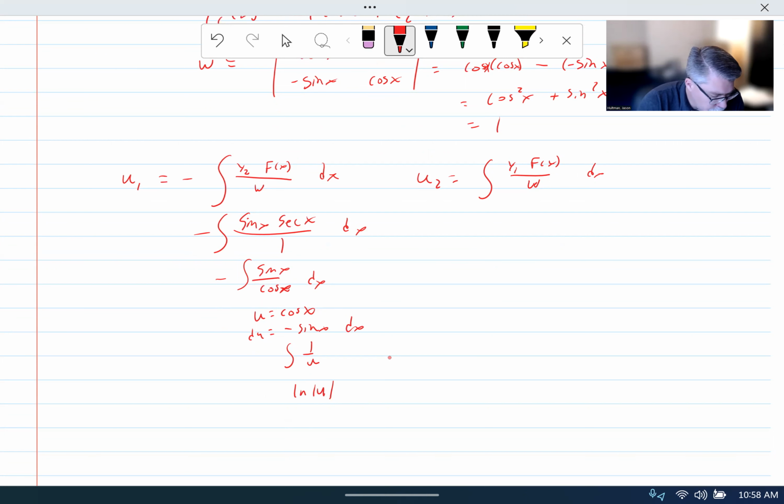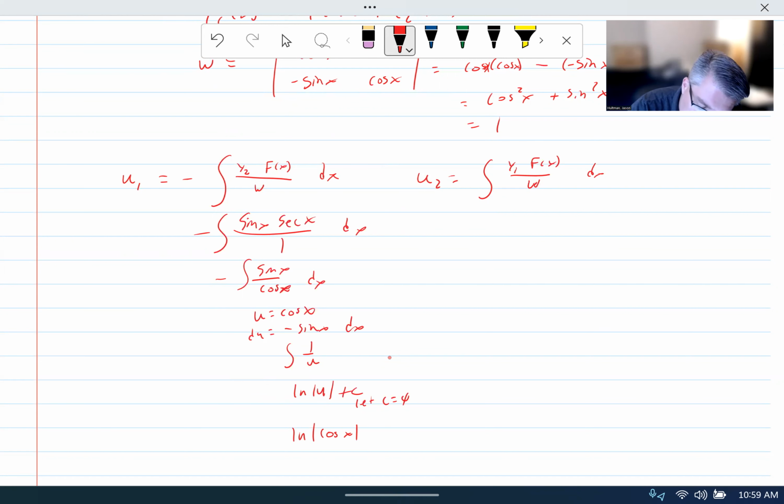Plus c, but we're going to let c be 0 because we only need one particular solution. And so this is the natural log of cosine of x. Okay, that's u1.